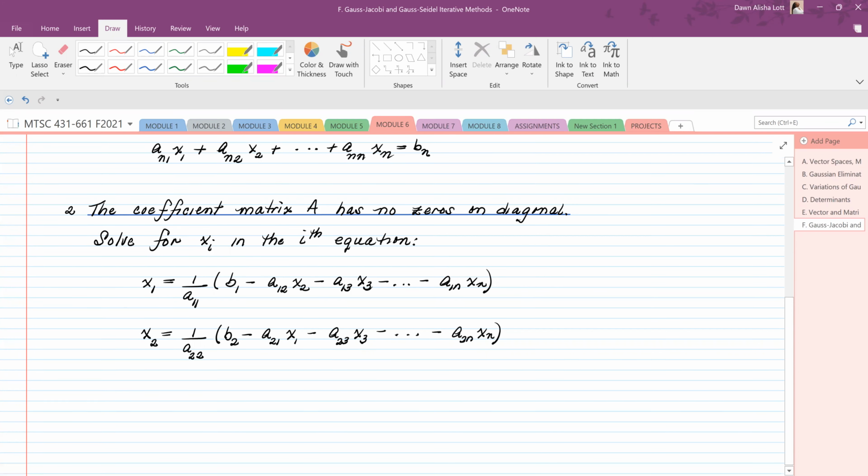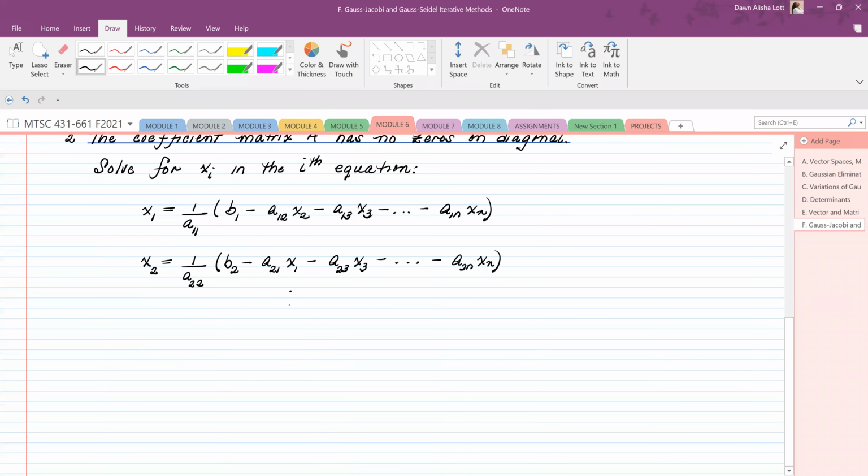And I'm going to do this all the way down to the last equation, where xn is 1 over ann times bn minus an1 x1 minus an2 x2 minus all the way down to an,n minus 1 x n minus 1. Okay, so that's down to the last one.